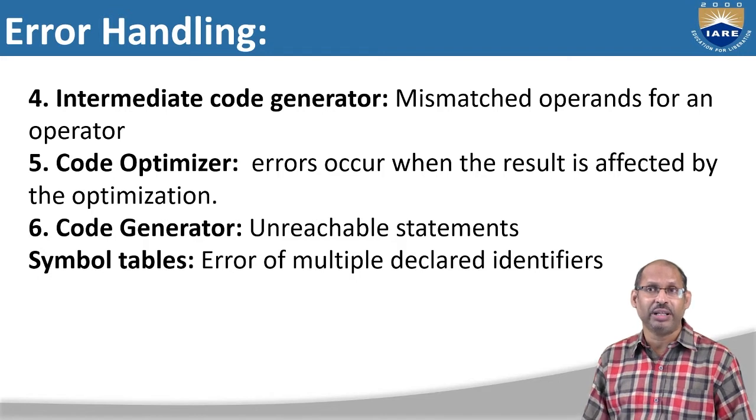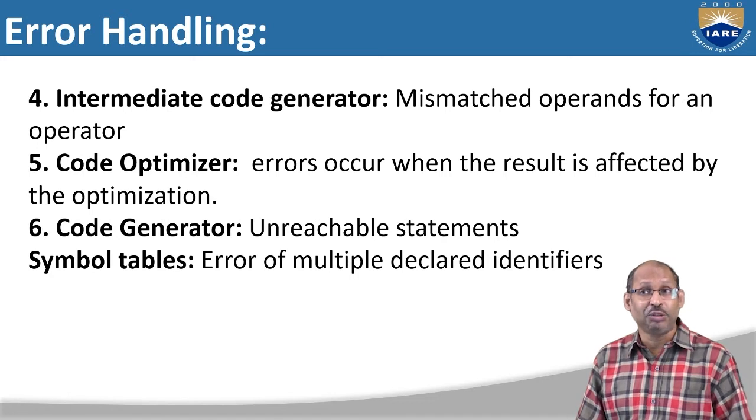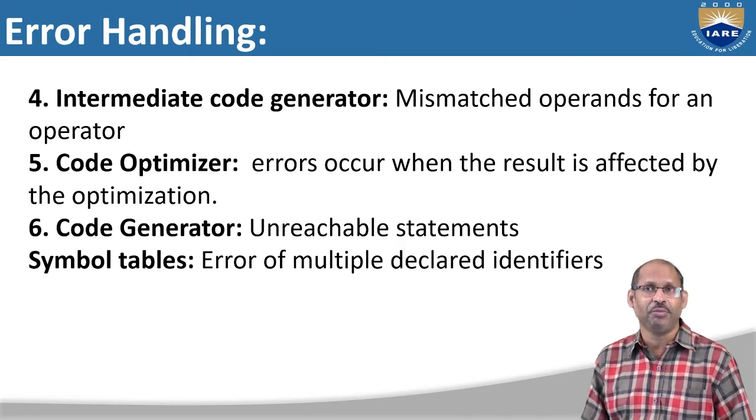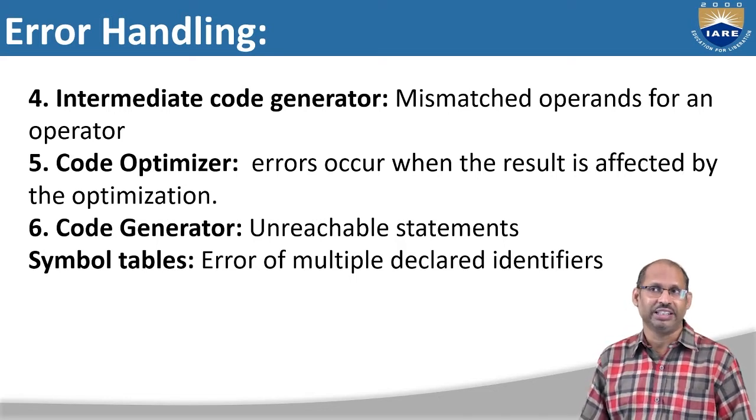Having such statements in the source program is of no use, will increase the size, and has no purpose. So we can remove all such unreachable statements. That information will be given by the code generator.